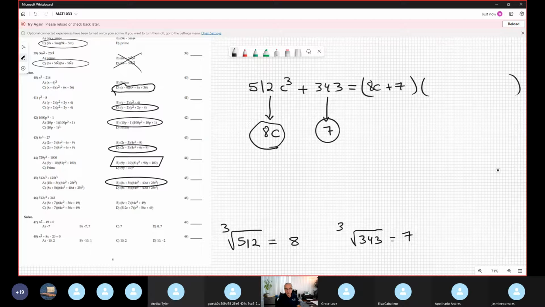And square this is 64C squared minus, because the formula has minus here, multiplication of both, 8 times 7, 56C, don't forget the variable, plus square the 7, which is 49.